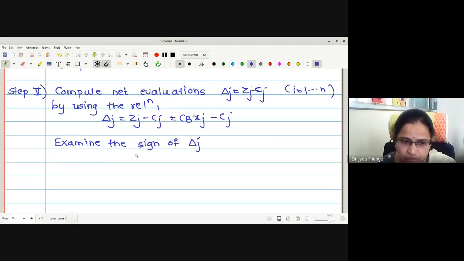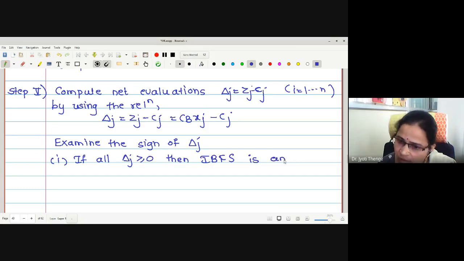delta j. The first step tells that if all delta j's are non-negative, then the initial basic feasible solution will be the optimum, meaning the final solution. If all delta j are greater than or equal to 0, then the initial basic feasible solution is an optimum, meaning a final optimum basic feasible solution.